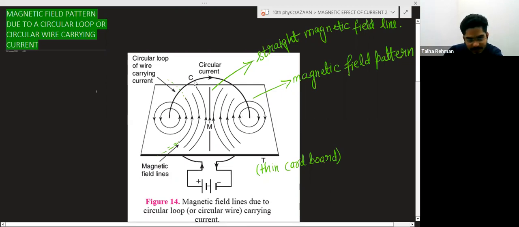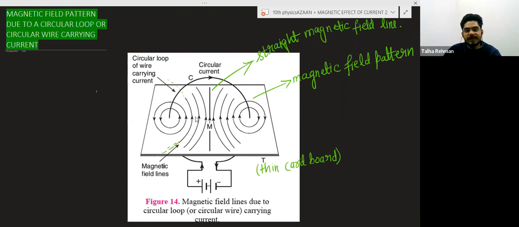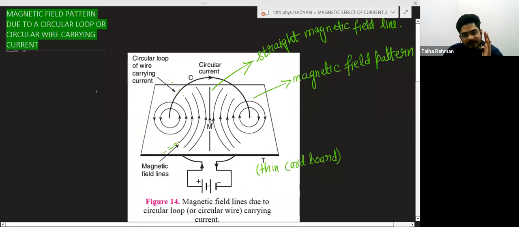When you see near the wire, there are concentric circles. When you move in this direction, the radius of these concentric circles will increase, and at this point the magnetic field line will be almost a straight line. The same is the case from this side.